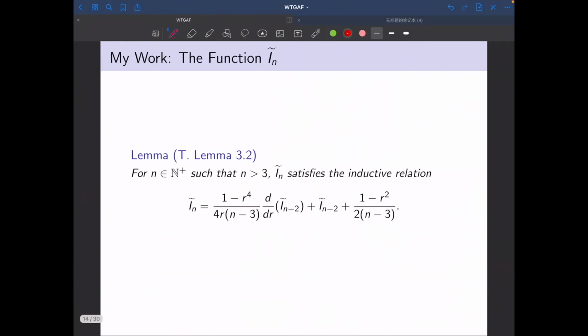I want to talk a little bit more about how I handle the function I_n tilde. And to begin with, I proved an inductive relation that concerns all I_n tilde. So this works for both when n is even and n is odd. In the case when n is even, this gives the explicit formula.